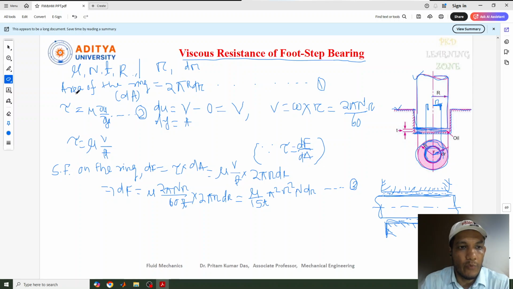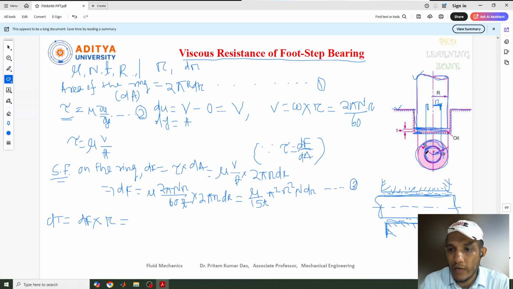See, I'm doing it step by step: first shear stress, next shear force. Why do I calculate the shear force? So that I can calculate the torque required to overcome the viscous resistance. Torque is the force applied times the distance, and the distance is r.